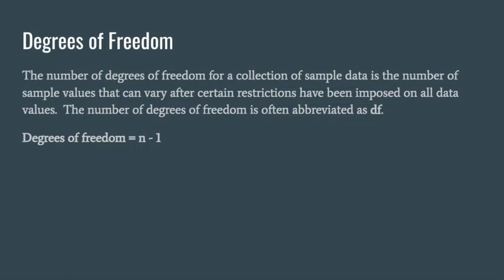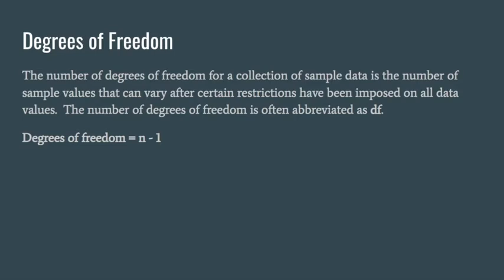The student t distribution requires that we introduce a new concept called degrees of freedom. To try to explain why degrees of freedom is n minus 1, imagine this scenario. Let's pretend for a moment that our class is an elementary school class, and if you do well, your teacher gives you stickers.